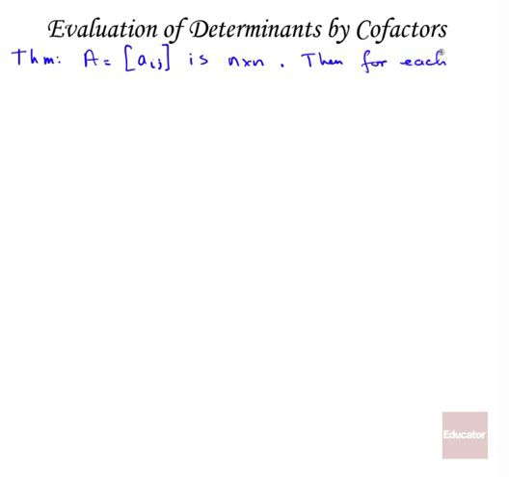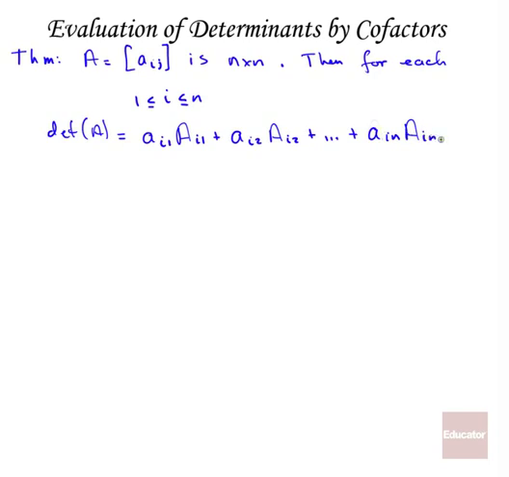Then for each i, which is less than or equal to n, greater than or equal to 1, the determinant of the matrix A is actually a sub i1 times the cofactor A sub i1 plus a sub i2 times the cofactor A sub i2 plus so on, as many rows or columns, up to a sub in times the cofactor A sub in.